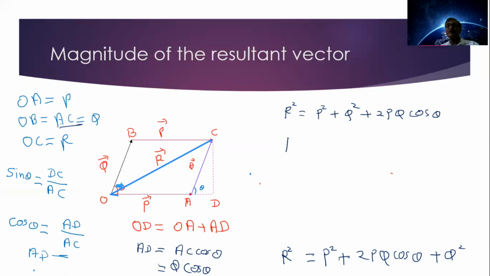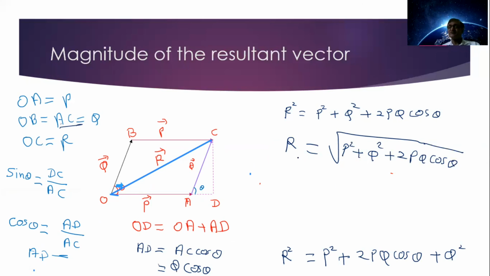Or R is equal to the square root of P square plus Q square plus twice PQ cos theta.